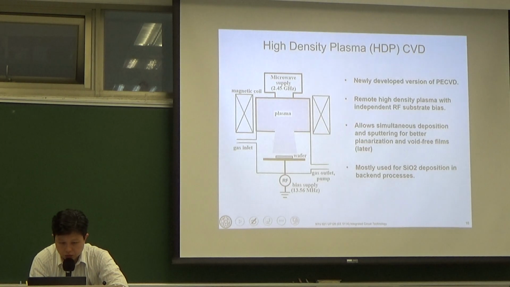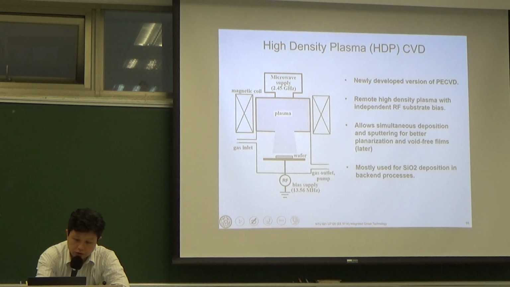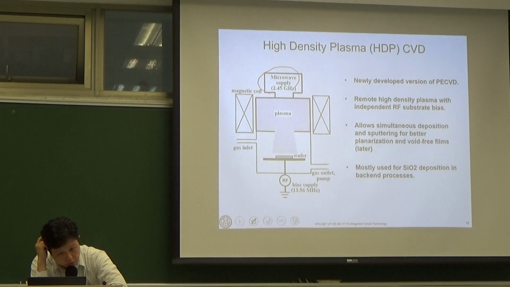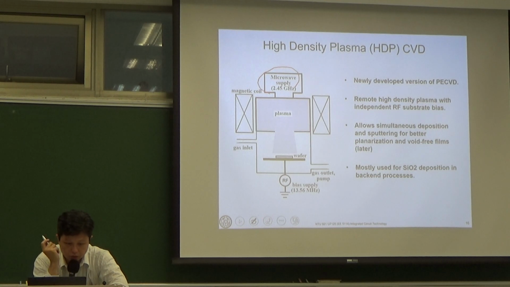Okay. But sometimes we need high density plasma. For this high density plasma, we can add another independent RF source. So we have this 2.45 gigahertz microwave, and some magnetic coil on the side wall of this chamber. This high density plasma can provide deposition and sputtering at the same time.